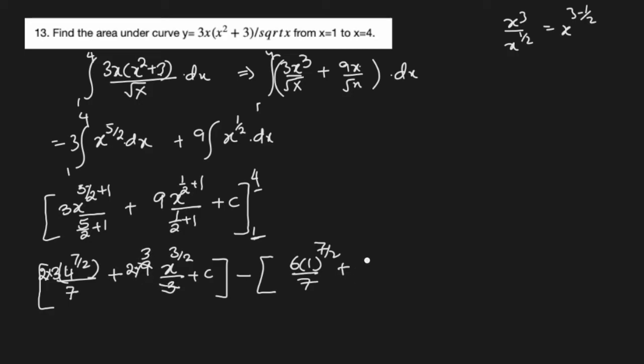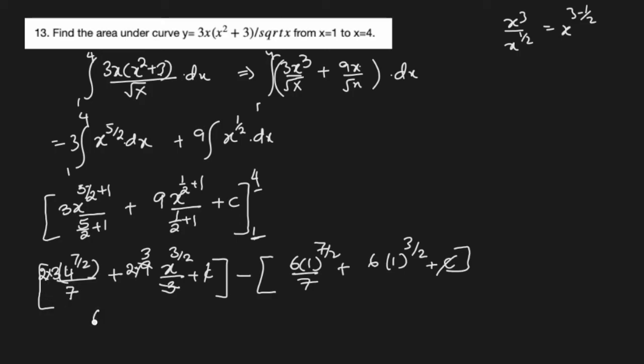So 6 again, 6 times, not x, we have to substitute 1, 1 to the power 3 over 2 plus c. So now we can cancel this c with this c and simplify this.